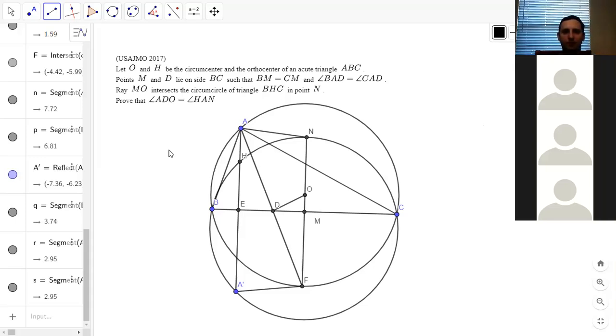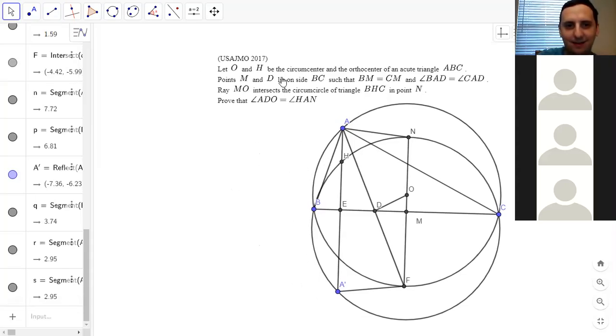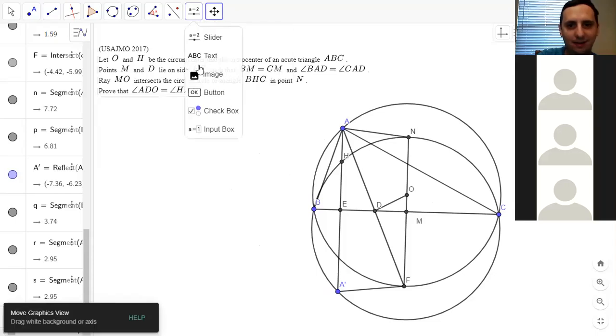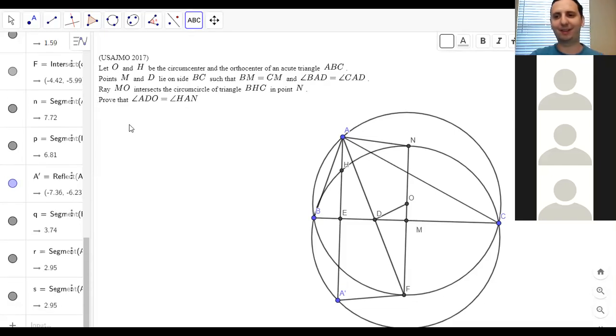And we easily have that triangle ANF A prime is an isosceles trapezoid. You can see by symmetry it's true. That just makes it really simple.